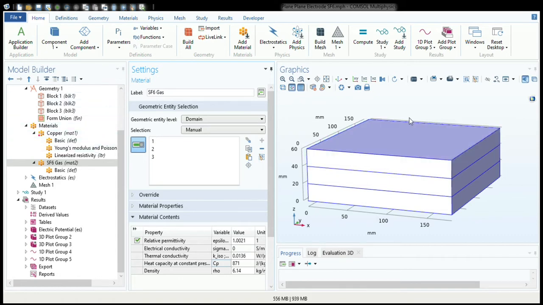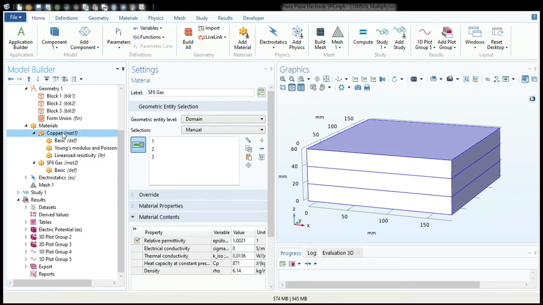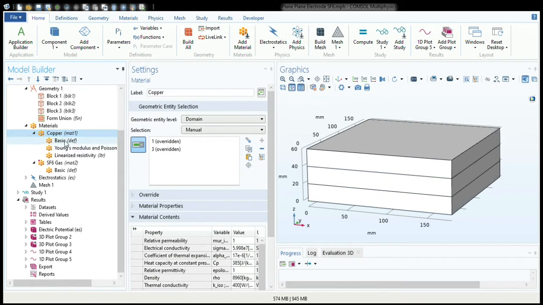So this part is the design geometry, where the upper part is the metal electrode and the lower part is the metal electrode, and the middle part is filled with the gas that we choose. The important part of this is the material that we choose in the geometry.